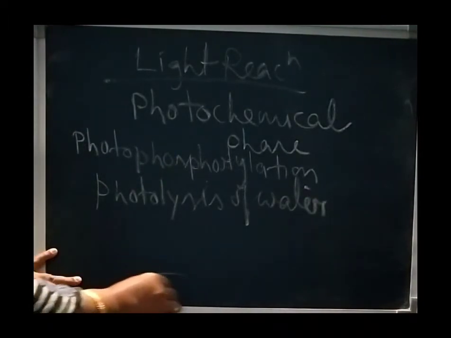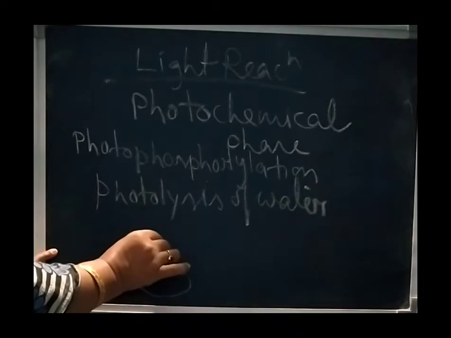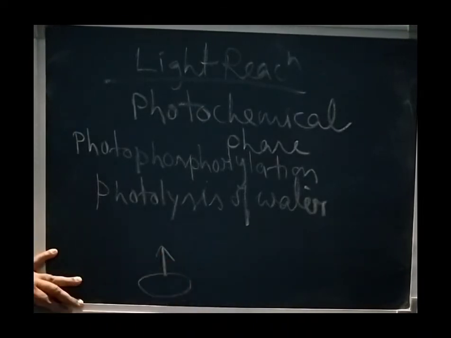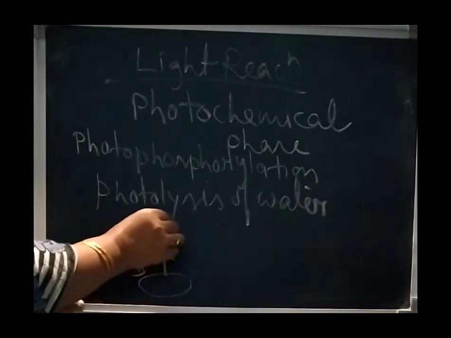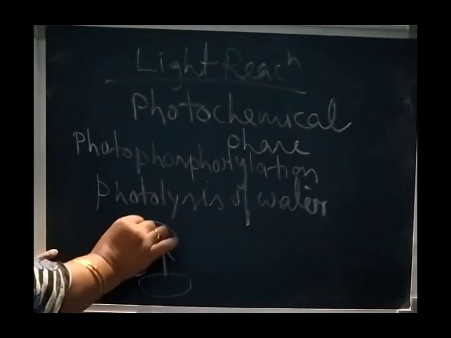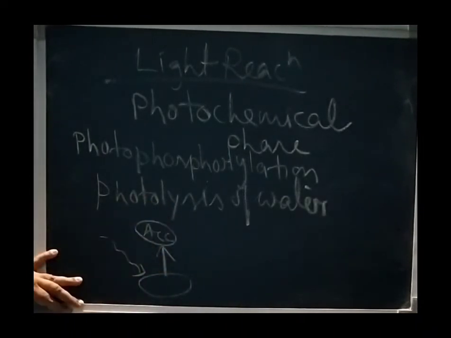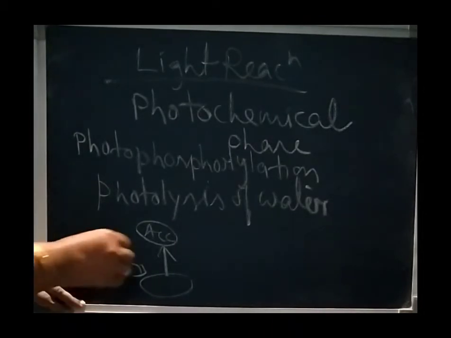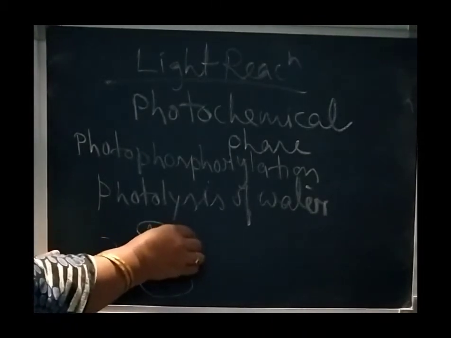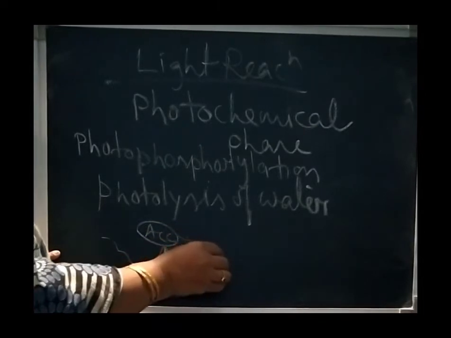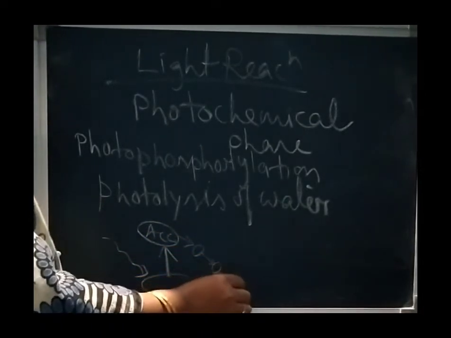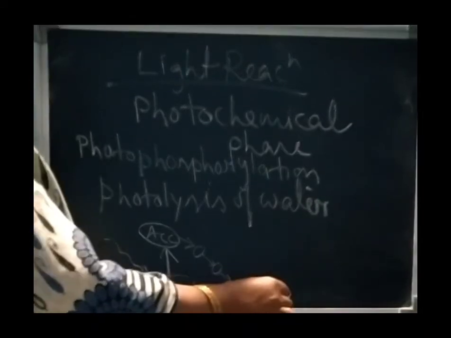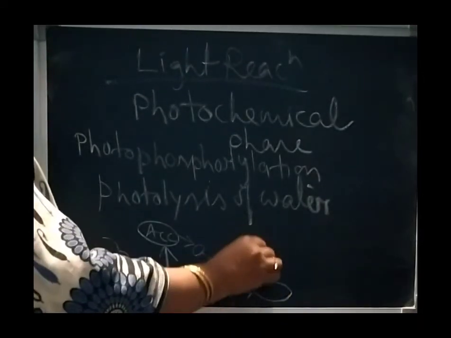There is an LHC, and when photons of light fall on it, it has an acceptor, and then this acceptor undergoes oxidation and reduction, and then another LHC is there over here.